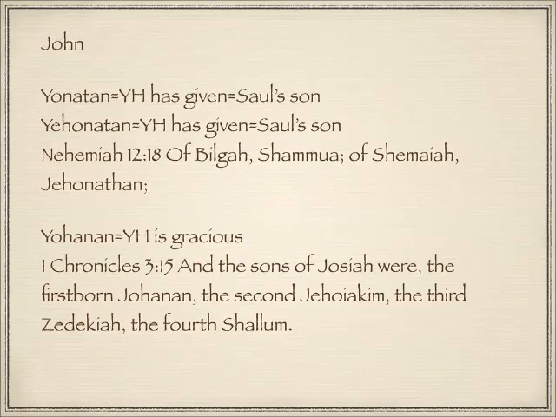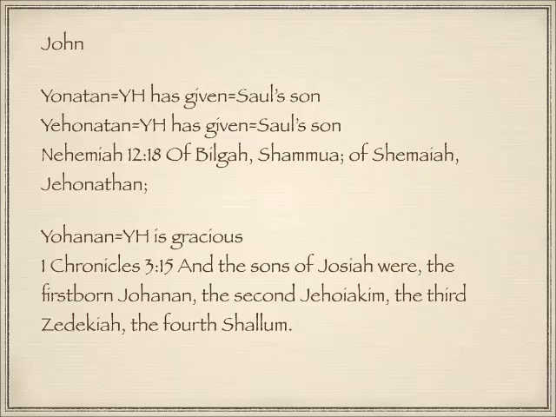Now there are many Johns in the Bible, many forms of the name. It can be Yonatan or Yehonatan. Usually when talking about Saul's son, it says Yonatan, which means God has given. We see another form in Nehemiah 12:18, of Bilgah, Shemua, of Shemaiah, Yehonatan.